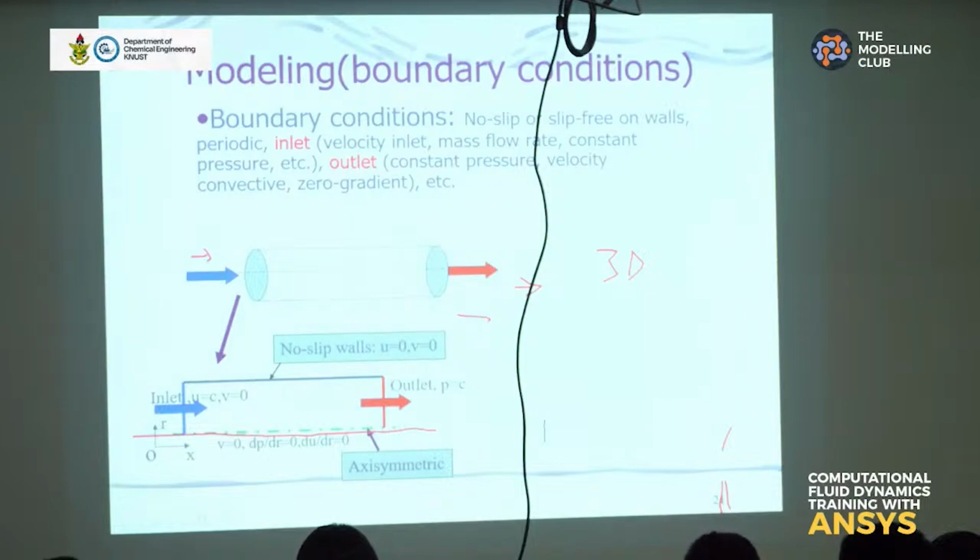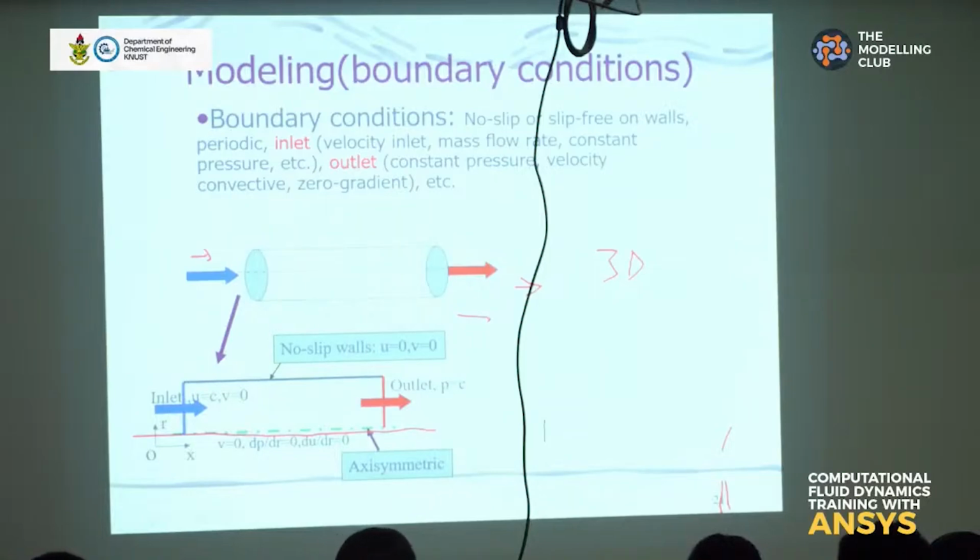And if I have symmetry along the axis, that means that in the solution of this pipe flow, I can use an axisymmetric representation of the pipe and still get reasonable results. That saves computational time instead of solving the full three-dimensional problem.